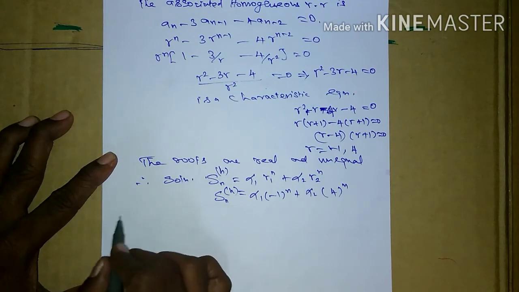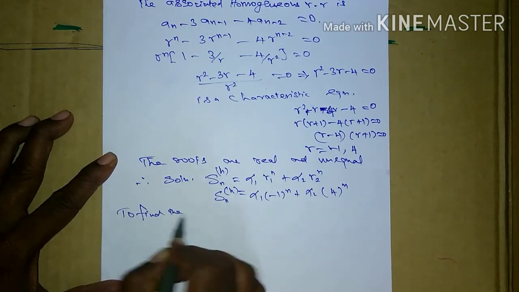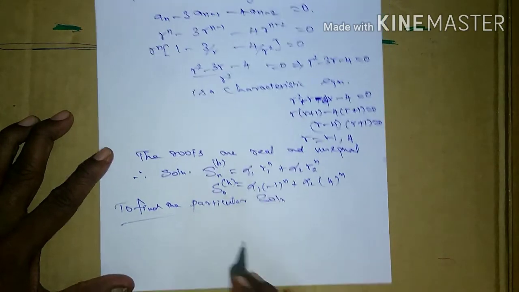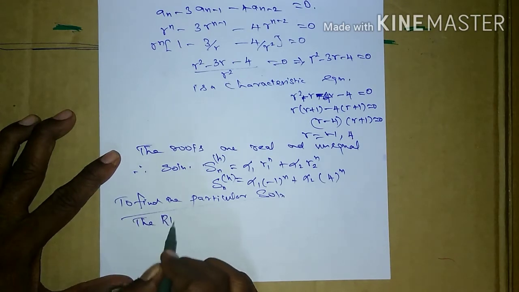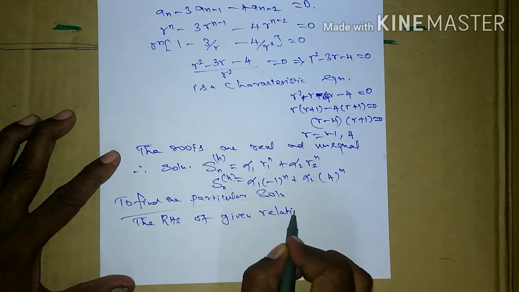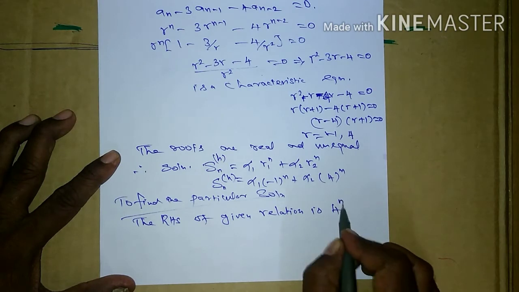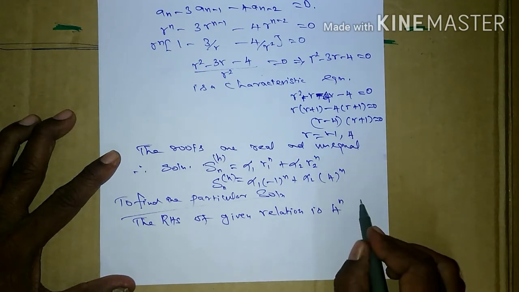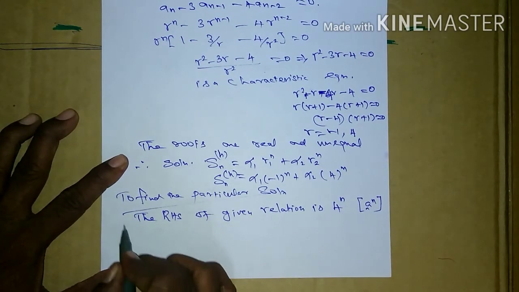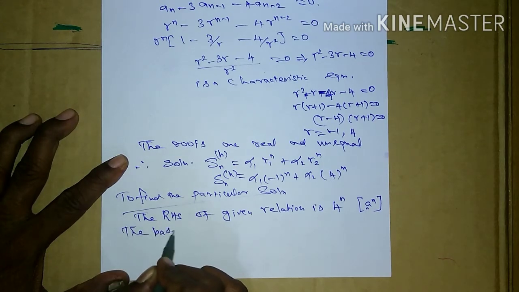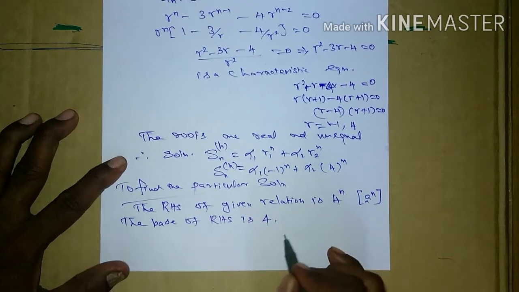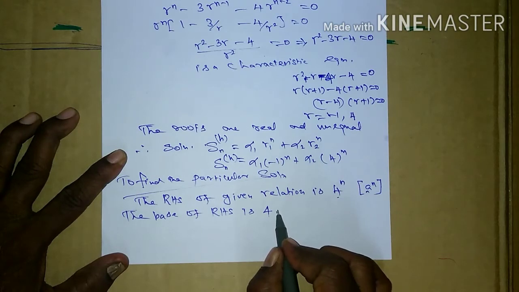To find the particular solution, the RHS of the given relation is 4 power n, that is in the form of a power n. The base of the RHS is 4.